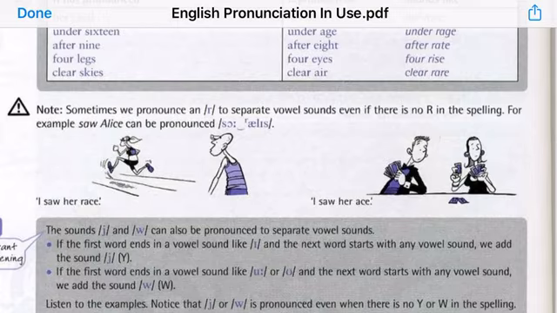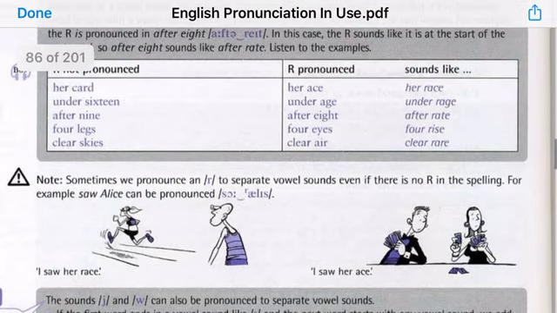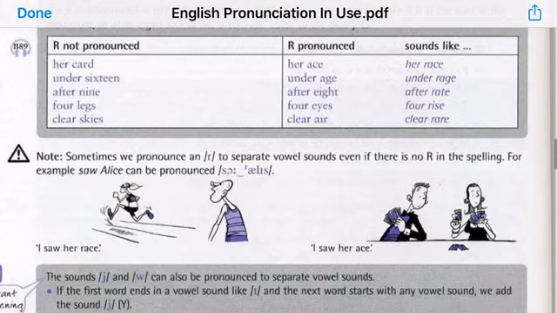So sometimes we pronounce R to separate vowel sounds, as we saw here. But sometimes we actually pronounce the R sound even if there is no R letter separating the two vowels in the two words.